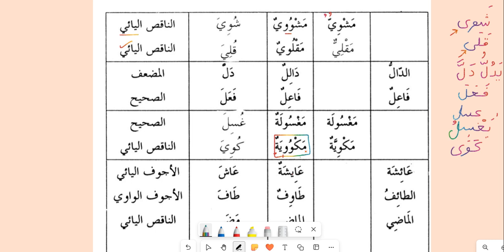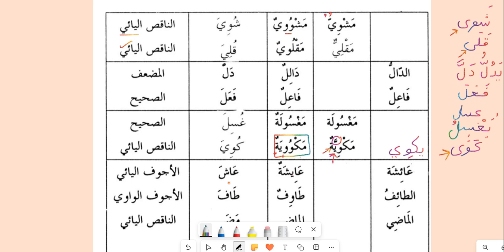As we know, the past tense has alif maqsura, so the vowels in the original scale get deleted and a ya comes in because of the present tense having ya. Yakwi, all this I have discussed before, so you shouldn't have any confusion. That's why this ya has a shadda and a ta marbuta, because some scales are with the ta marbuta. And this waw comes from the present tense, makwiyatun.